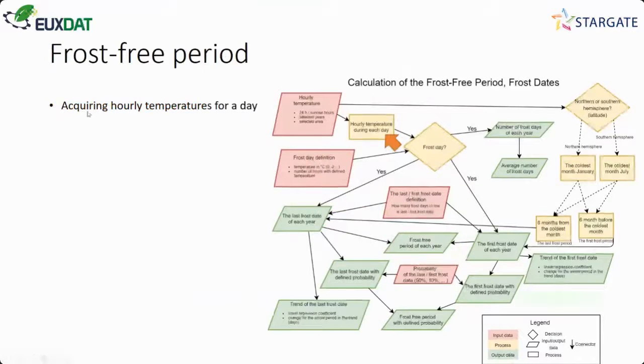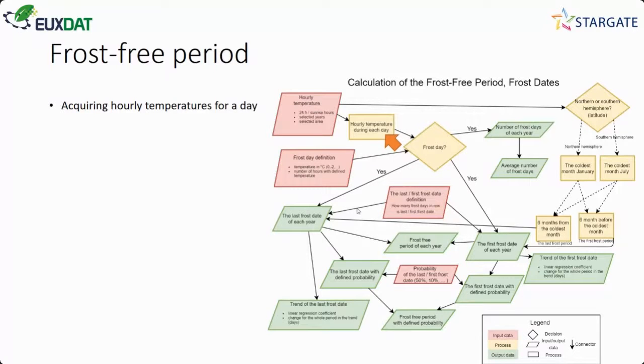Now I go to this one example, which is the frost-free period. We are basically searching for the last day of freezing in spring, and the first day of freezing during the fall period. So this is about getting the temperatures for the whole year, and then to extract from the data set, we get hour by hour temperature.